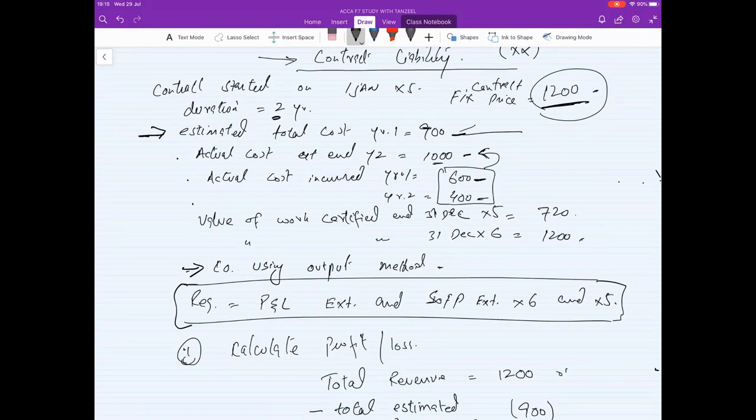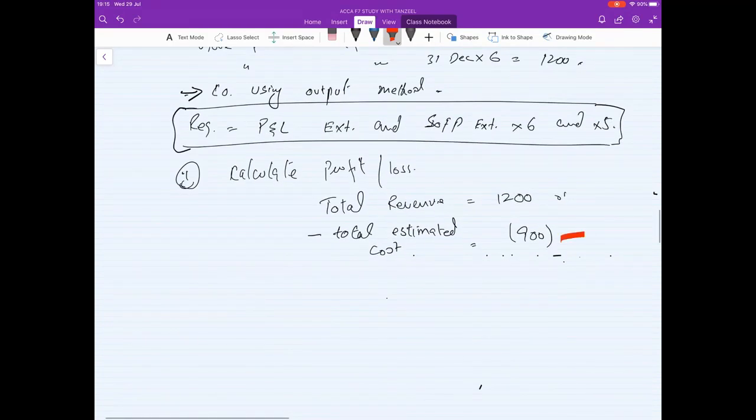We were saying that the estimated cost of the contract would be 900. So is it a profit? Yes, it means profit.